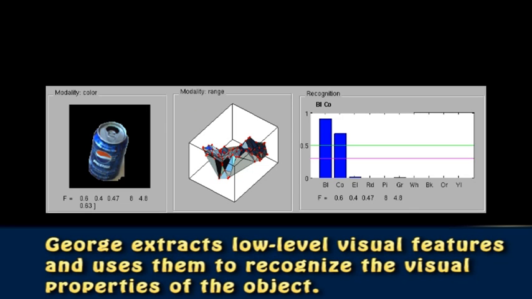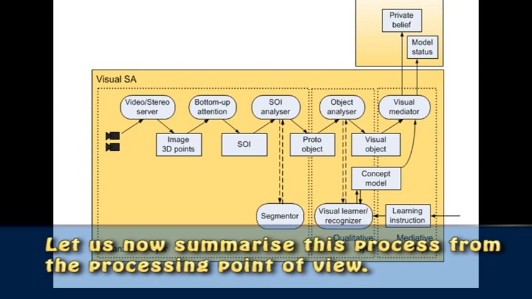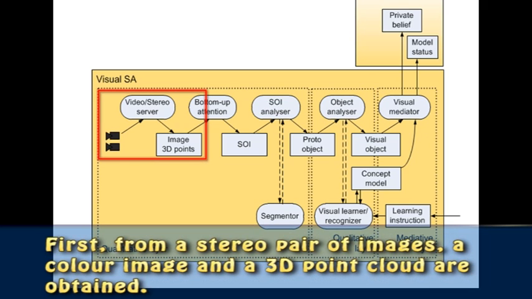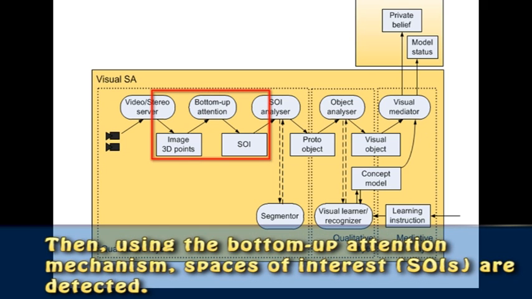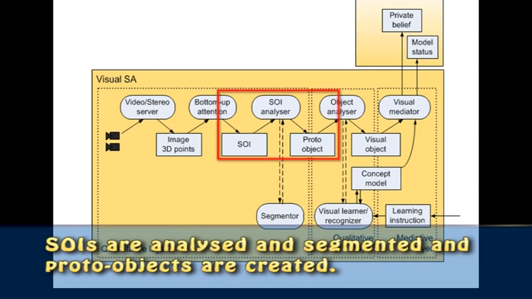George extracts low-level visual features and uses them to recognize the visual properties of the object. Let us now summarize this process from the processing point of view. First, from a stereo pair of images, a color image and a 3D point cloud are obtained. Then, using the bottom-up attention mechanism, spaces of interest, or SOIs, are detected. SOIs are analyzed and segmented, and proto-objects are created.